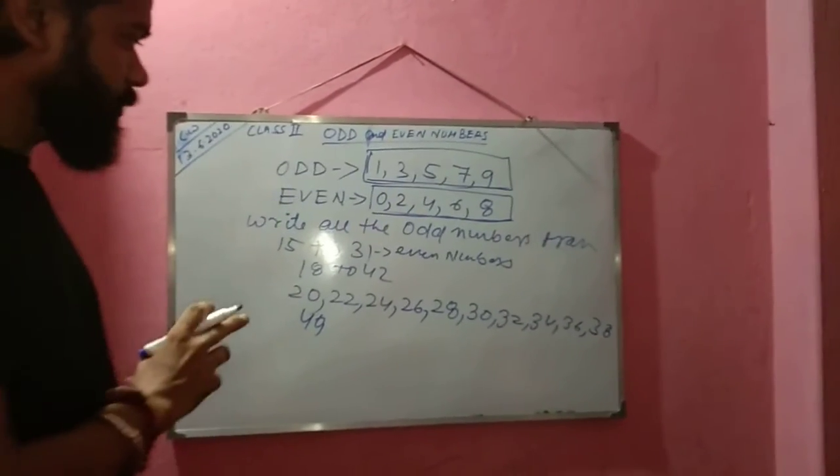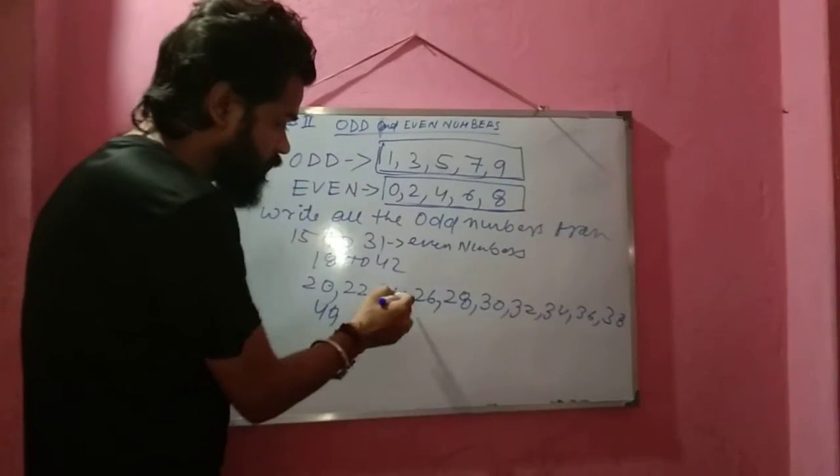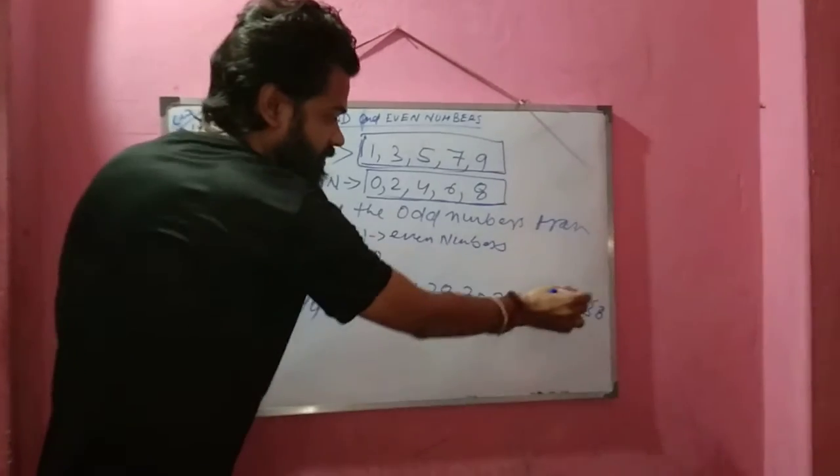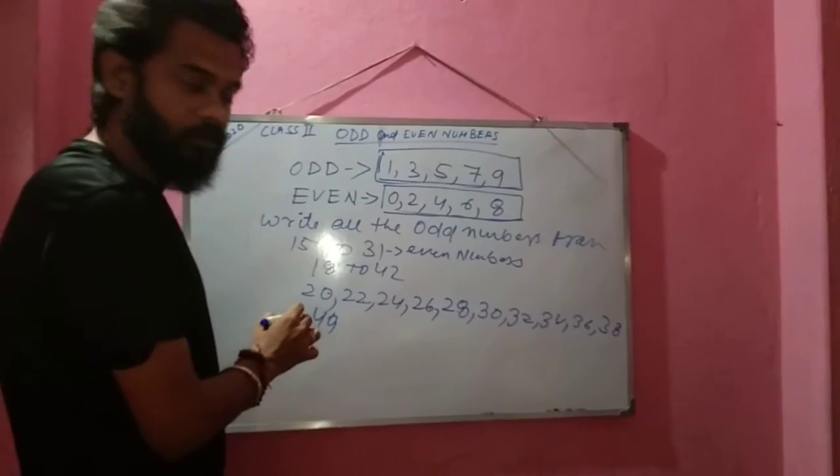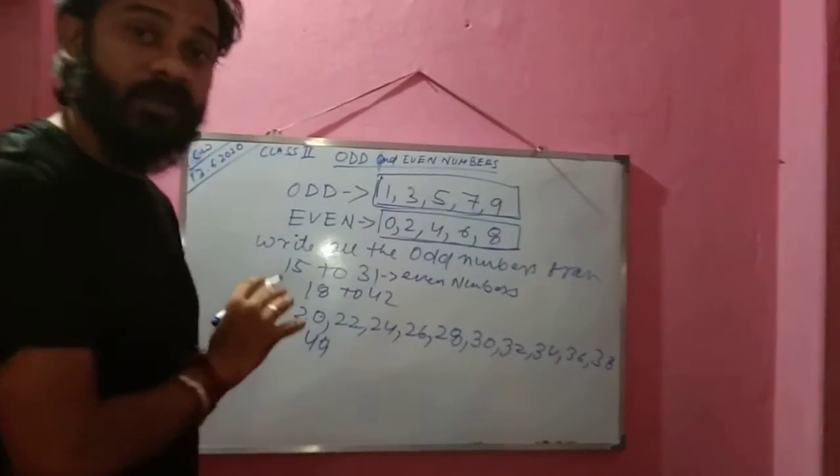Now you see the pattern 0, 2, 4, 6, 8, 0, 2, 4, 6, 8, then again 0. It falls under the category of even numbers.